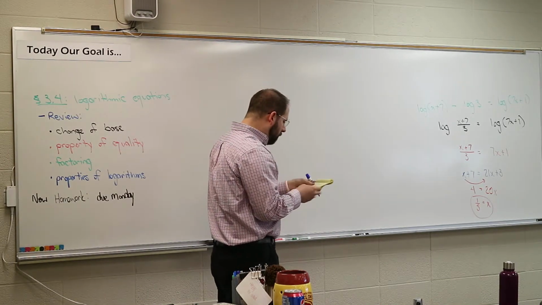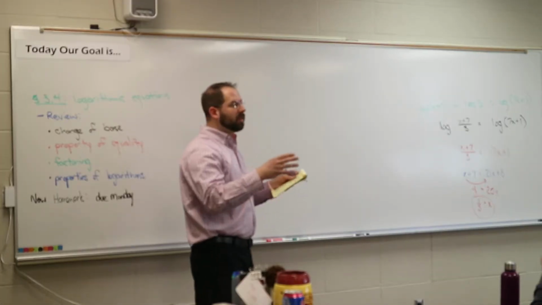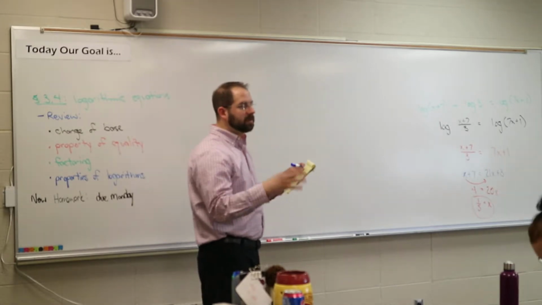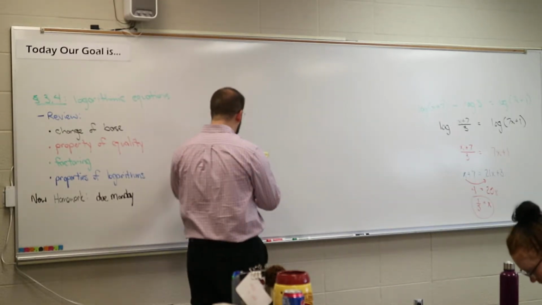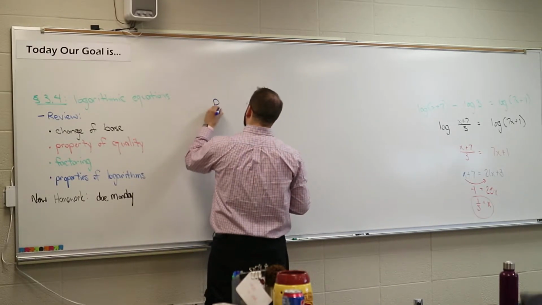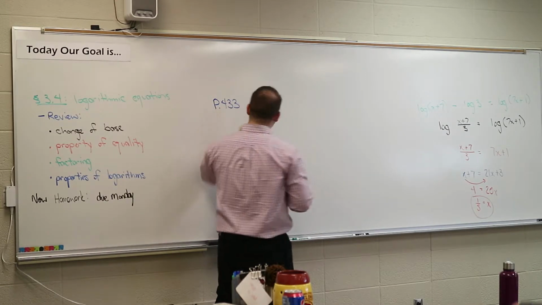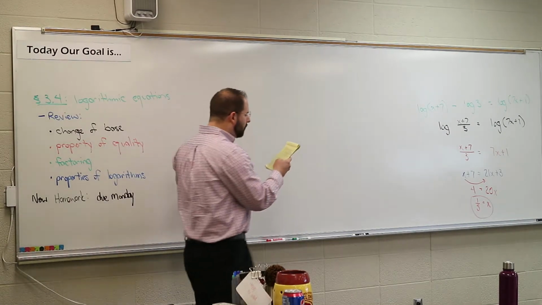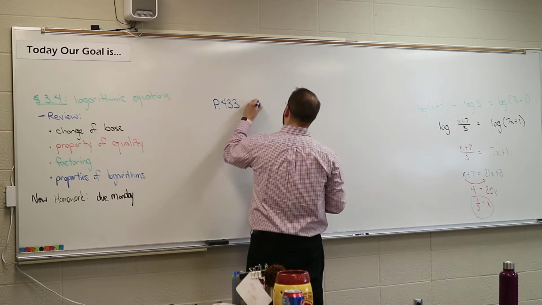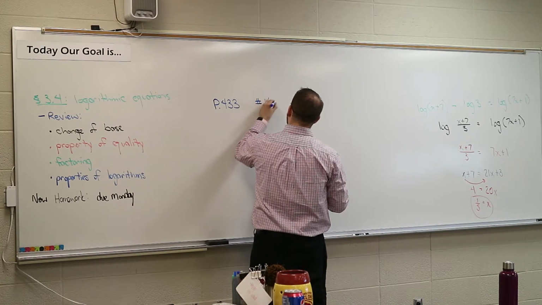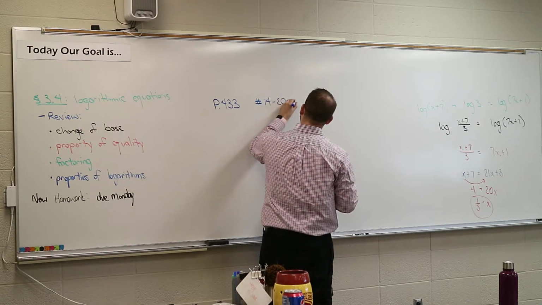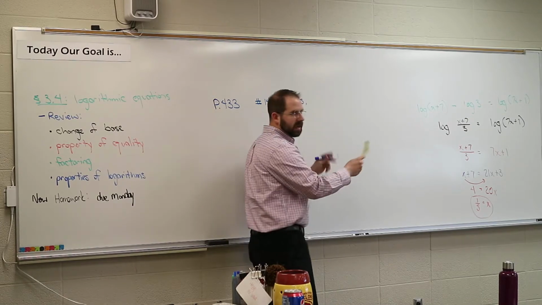Alright, here we go. Homework today, and this is going to seem really big. I jumped around a lot, and some of these problems I've definitely done for you. Page 433. Numbers 14 through 20 evens. Those are going to be like the first ones I did today where you change the bases.